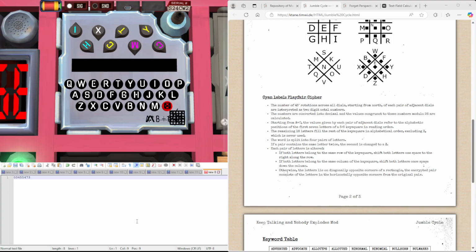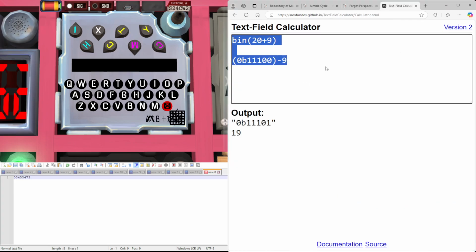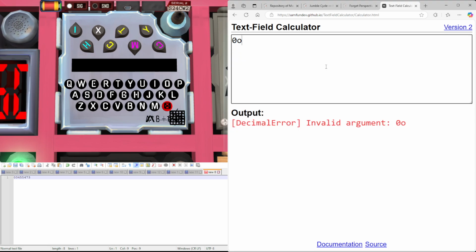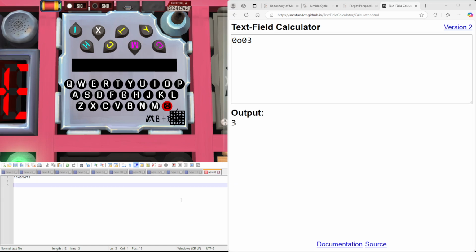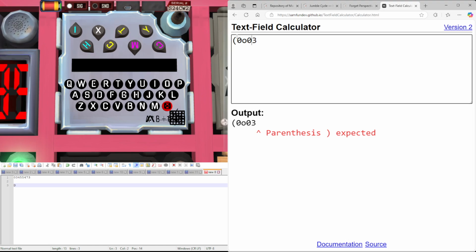Okay, so for octal, 0, 3 is 3, plus 1 is D. So it's going to be this mod 26 plus 1.